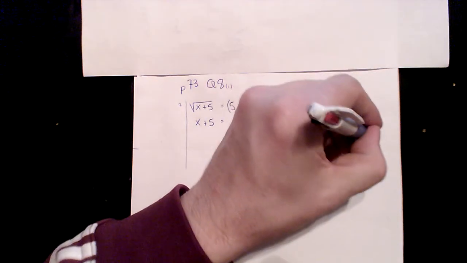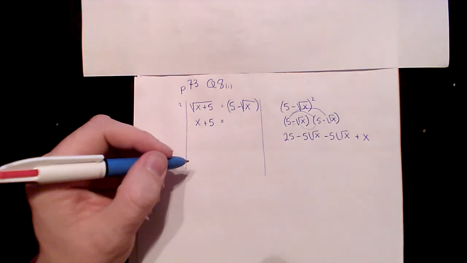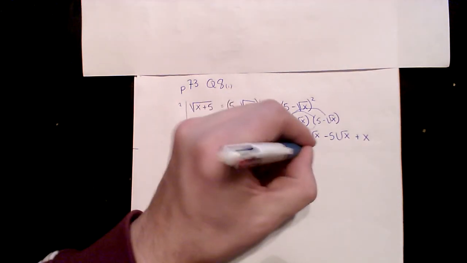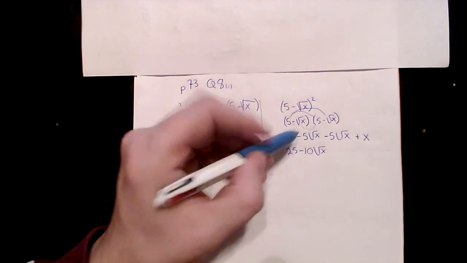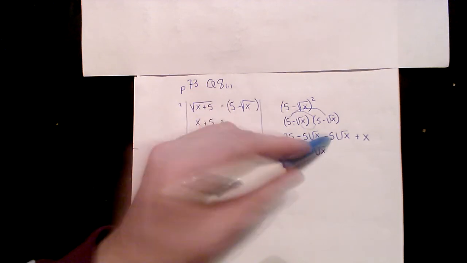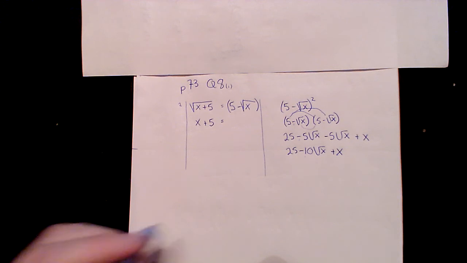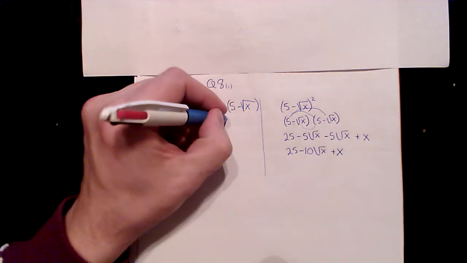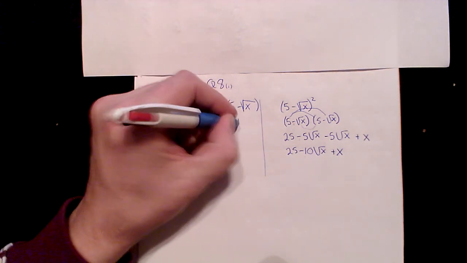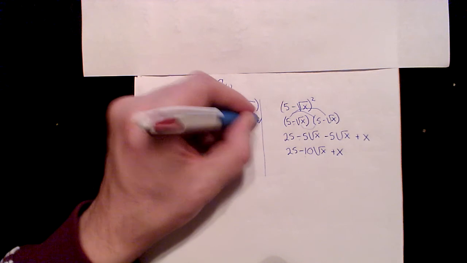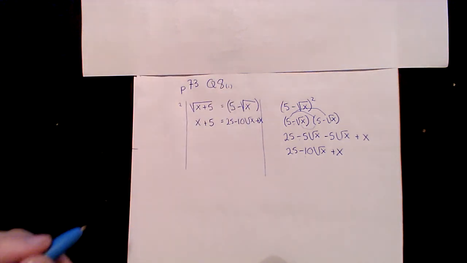And root x by root x is just x. Okay, I'm going to simplify this, and we have 25 minus 10 root x, because the minus 5 root x and the minus 5 root x gives minus 10 root x, plus x. Okay, now throw this back in. So we have 25 minus 10 root x plus x.